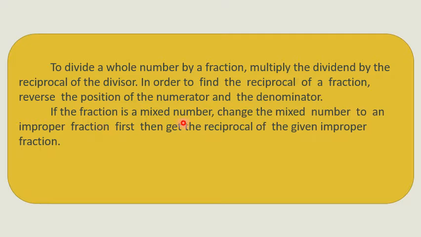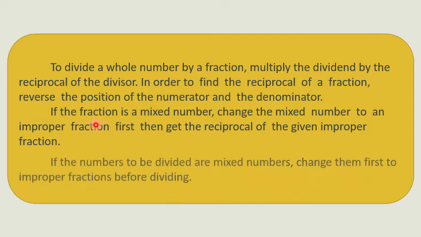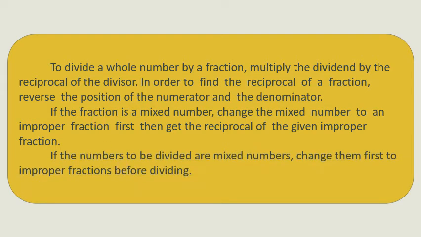So, if the fraction is a mixed number, change the mixed number to an improper fraction first, then get the reciprocal of the given improper fraction. So, ang gagawin muna, kapag mixed number po yung fraction, gagawin muna natin siya improper. Saka natin i-apply yung rules ng division. If the numbers to be divided are mixed numbers, change them first to improper fractions before dividing.